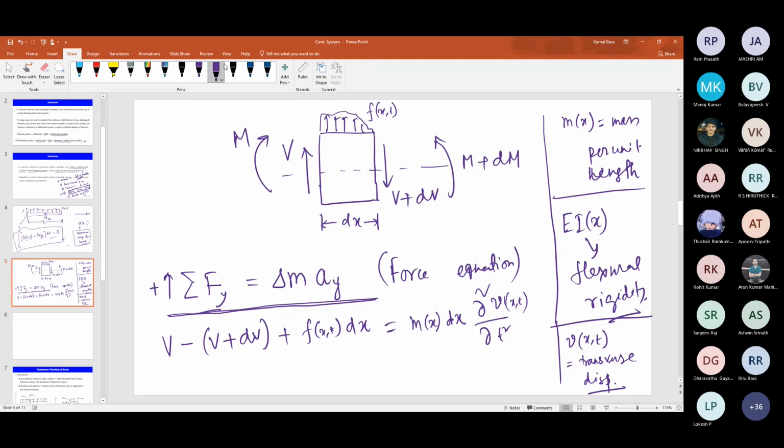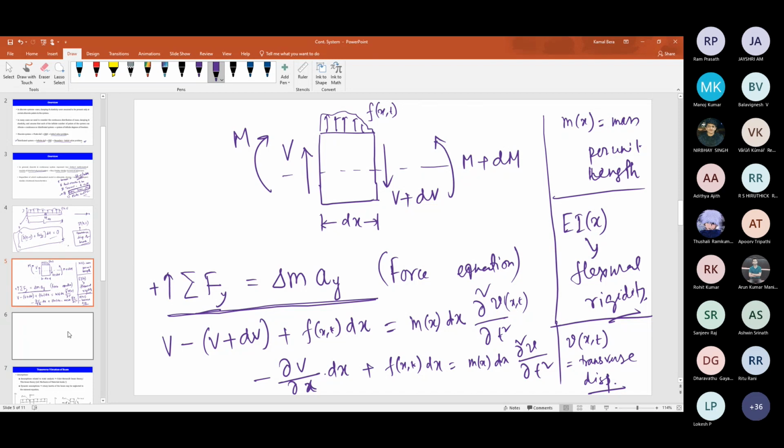So now the V got cancelled out. Now dV can be written as del V by del x into dx. So minus del V by del x dx plus f(x,t) dx equals m(x) dx del 2 v by del t squared.